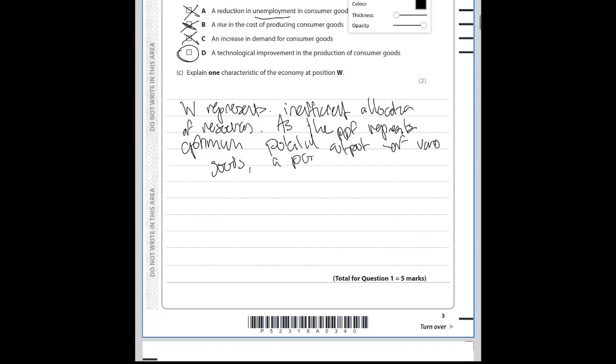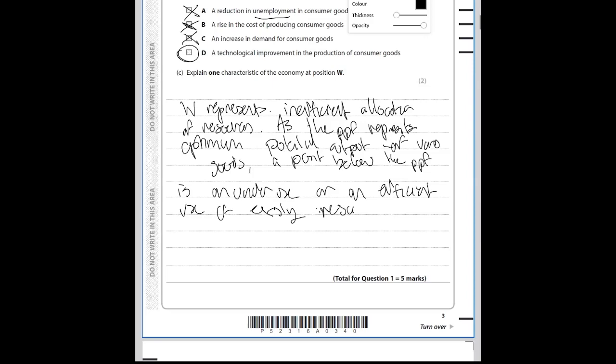And I'll say, as the PPF represents optimum potential output of various goods, a point below the PPF is an underuse or an inefficient use of existing resources. So perhaps caused by unemployment.